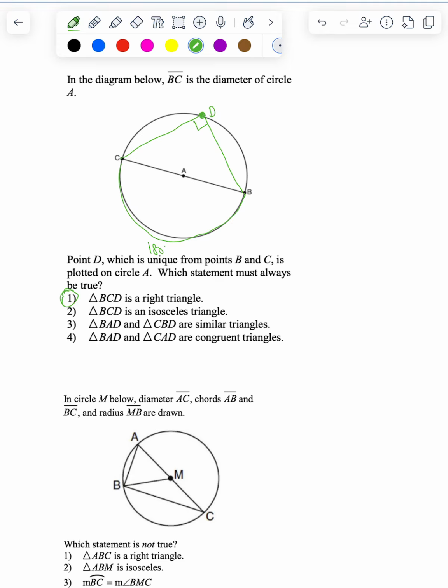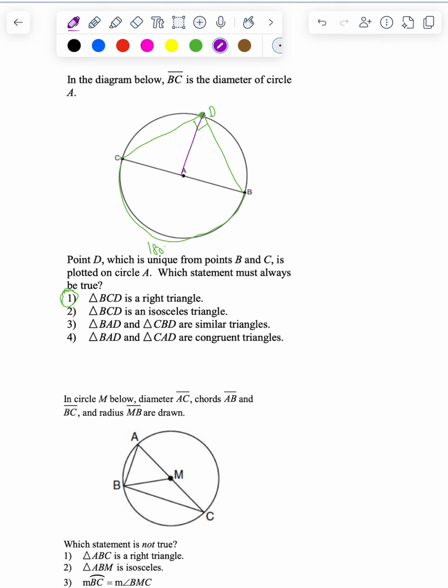For number 2, we don't know anything about the side lengths because the sides are not radii of the circle, so we don't know its isosceles. Then it says BAD and CAD are similar triangles. We don't know anything about that.